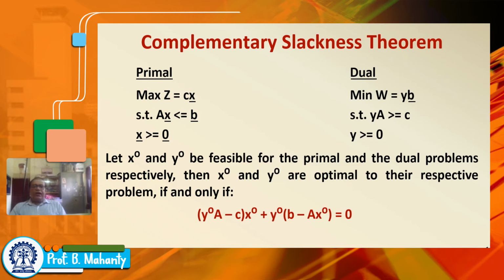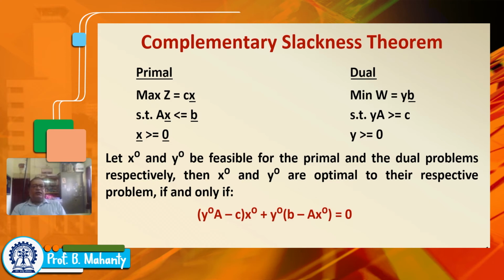Then x0 and y0 are optimal to their respective problems if and only if (y0a minus c) into x0 plus y0 into (b minus ax0) equal to 0. Look at this expression carefully.